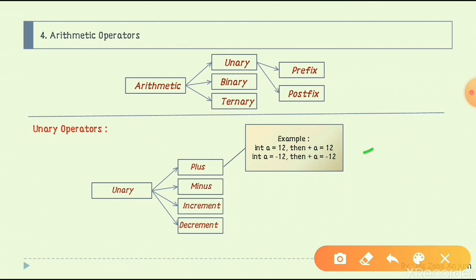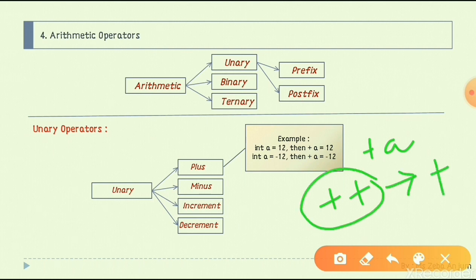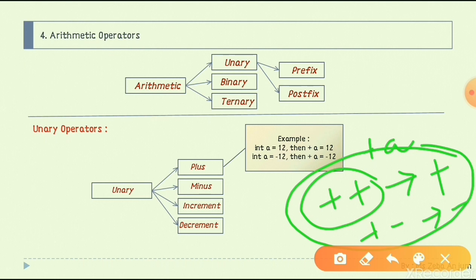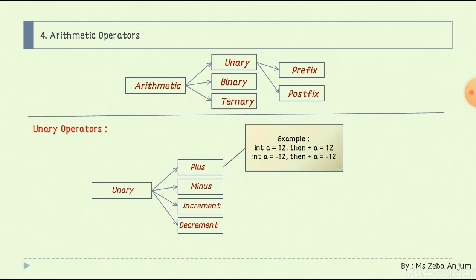If you have plus a, then you will be doing plus times plus, which is plus, so the answer will be plus. And in the next line, if a equals minus 12 and you apply plus a, then your answer will be minus, because plus times minus gives minus. These are some basic mathematical operations that you learned in your previous classes.